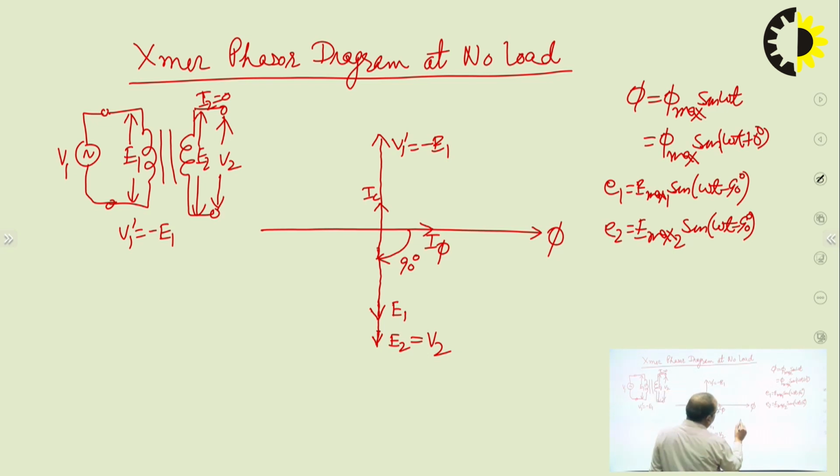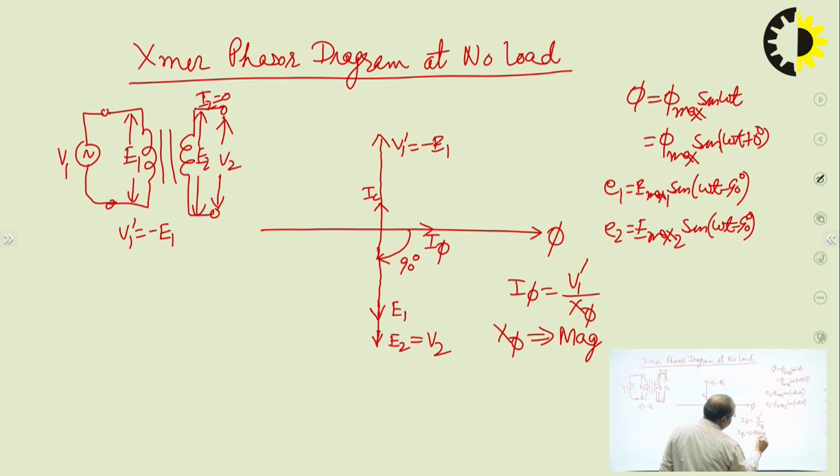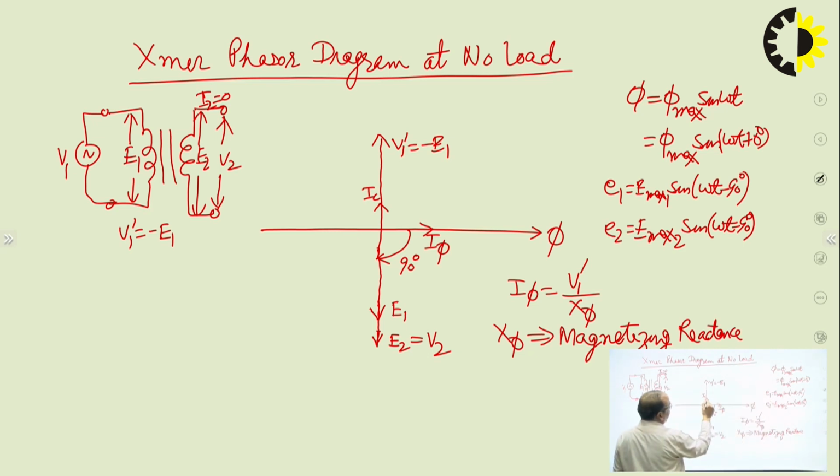Why is it so? I phi is given by V1 dash upon X phi, where X phi is the magnetizing reactance, which is of inductive nature. And we know in an inductance, the current lags the voltage by 90 degrees. That's why I phi lags V1 dash by 90 degrees.